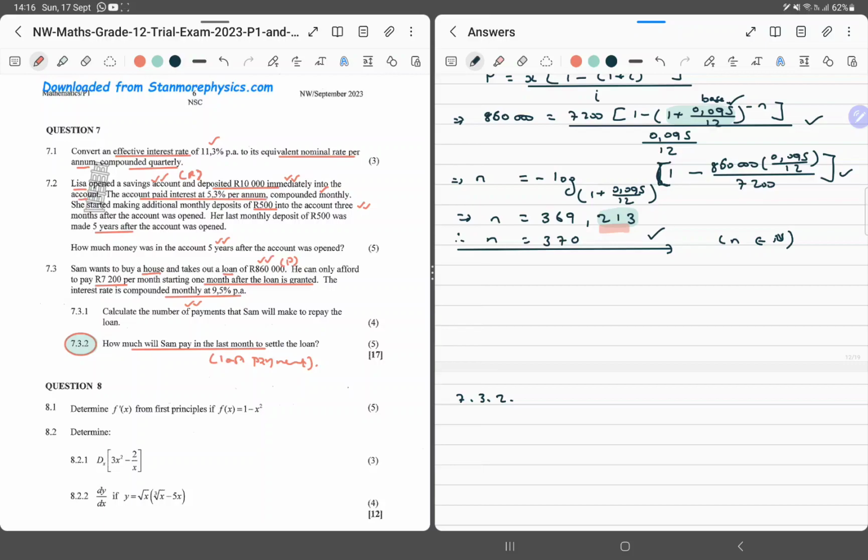Why did I do that? 860,000 multiplied by 0.095 over 12. We will do it with 7,200. So, I win. Where is this bracket now? How?